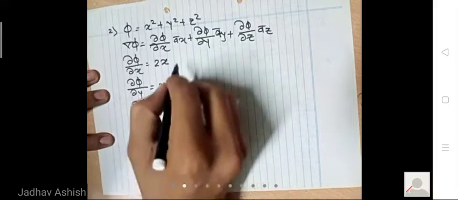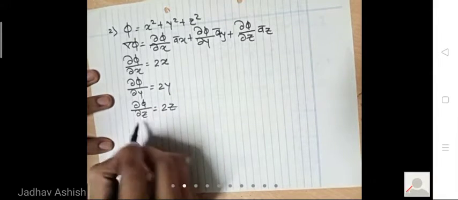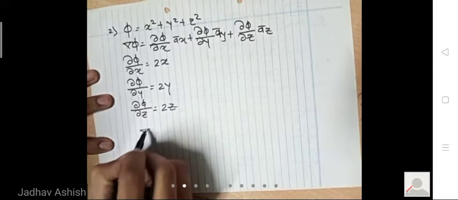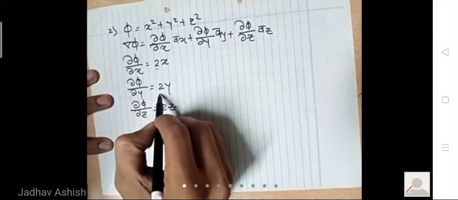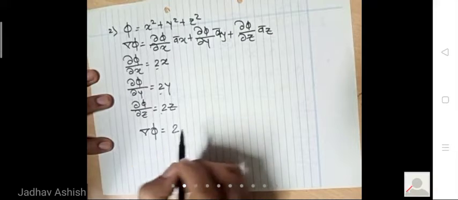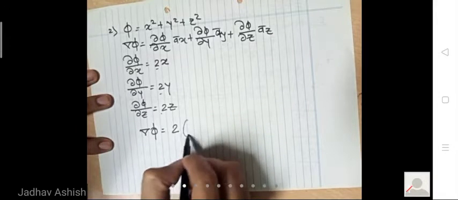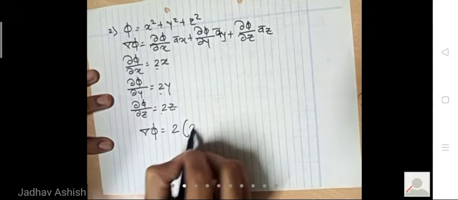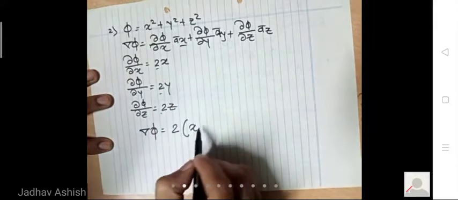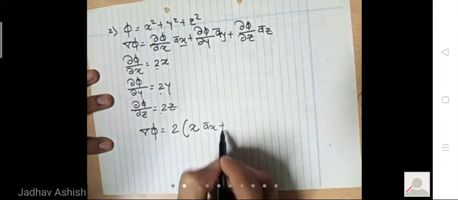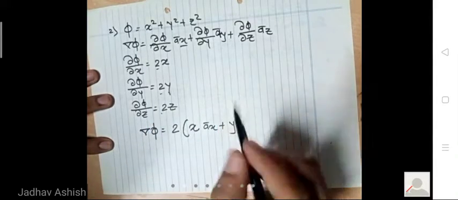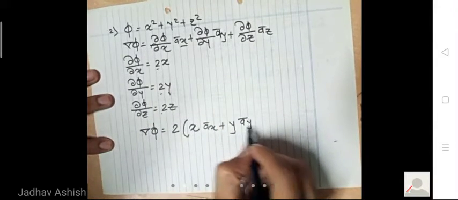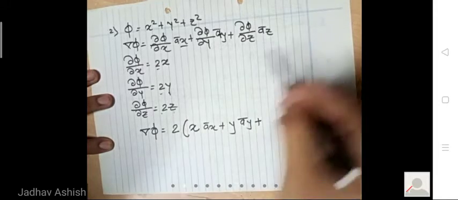So final answer, del phi is equal to, since this 2 is common, I can take it outside of bracket, 2 times x a bar x plus y a bar y plus z a bar z.